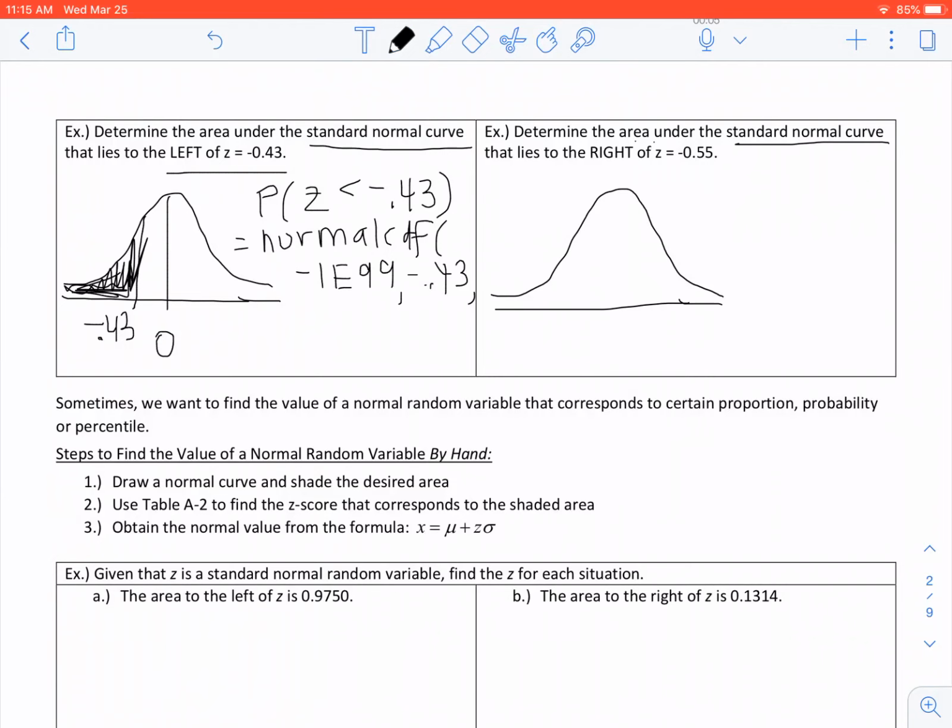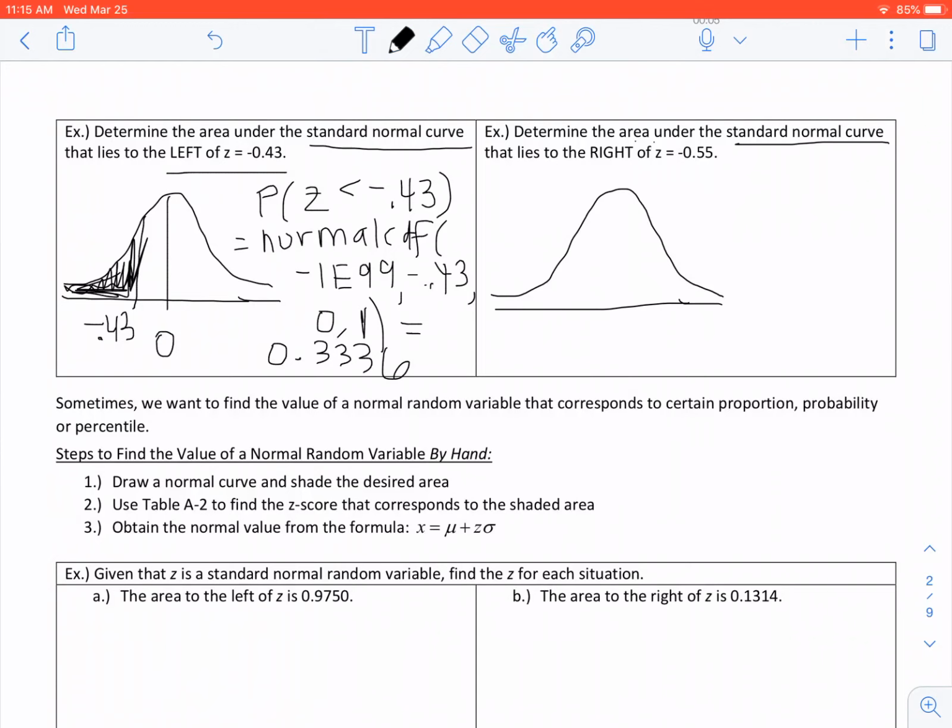Our mean is 0 because it's standard normal, and our standard deviation is 1. Close your parentheses, hit enter, and then we are rounding our decimals to 4 decimal places. And so for this one, you should get 0.3336.